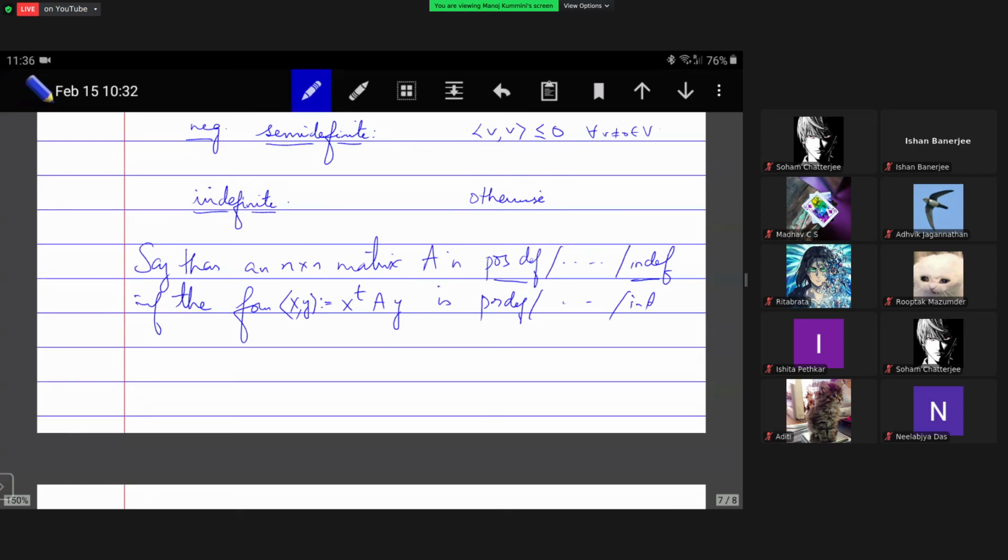So this is a theorem. The proof of the statement I want to postpone till maybe next week, not too far, but one needs to discuss a little bit of stuff before that. But that's the statement: this form X transpose AY gives the dot product in some basis if and only if A is a symmetric positive definite matrix.